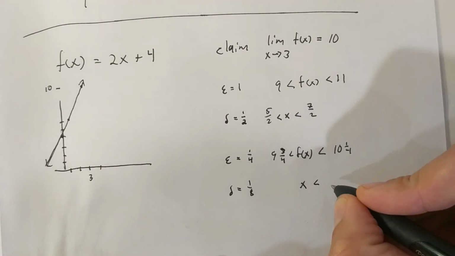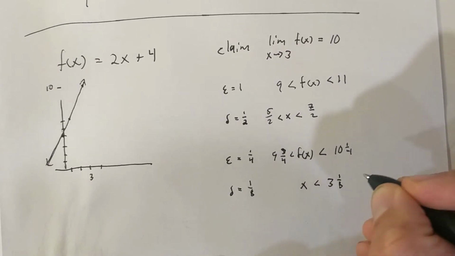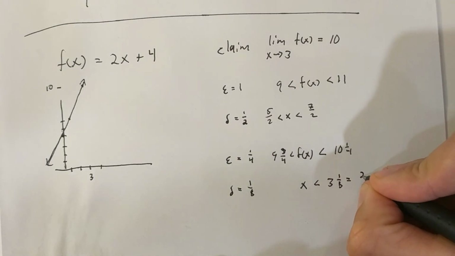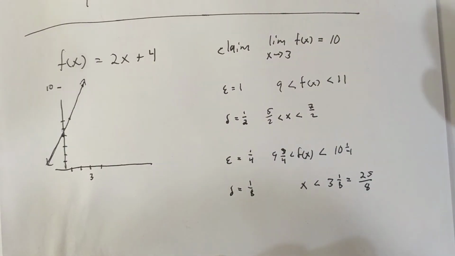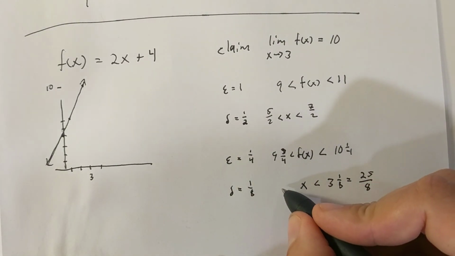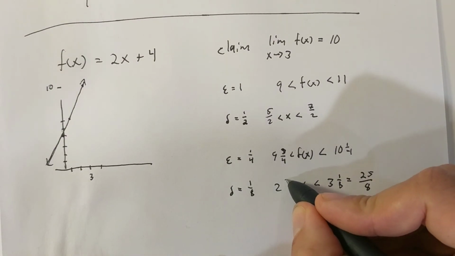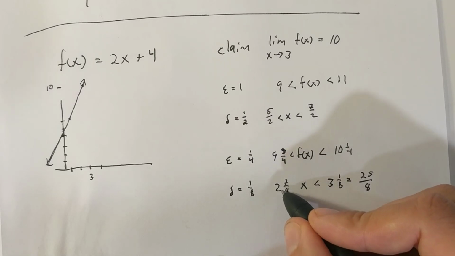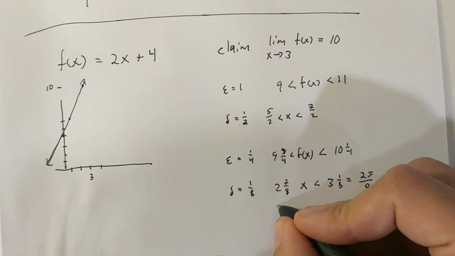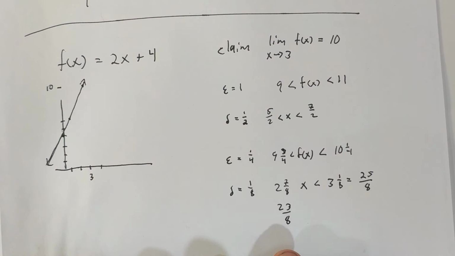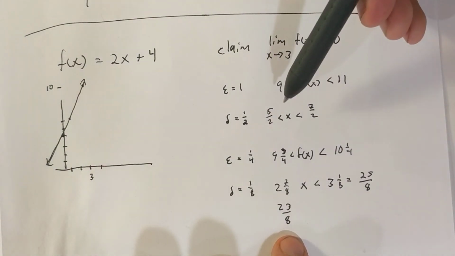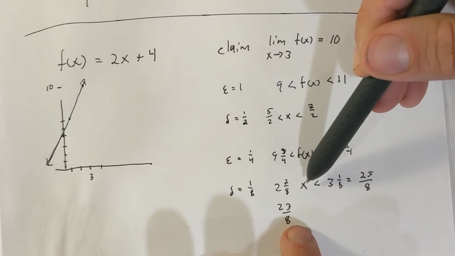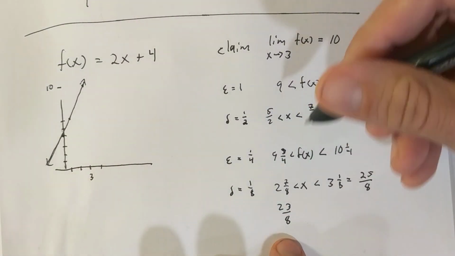My x is going to be less than 3 1/8, which, by the way, is 25/8, or it's going to be greater than 2 7/8, which, by the way, is 23/8, right? And if I do that, I'm going to actually get my 9 3/4. I'm going to get my x to be inside that, right?